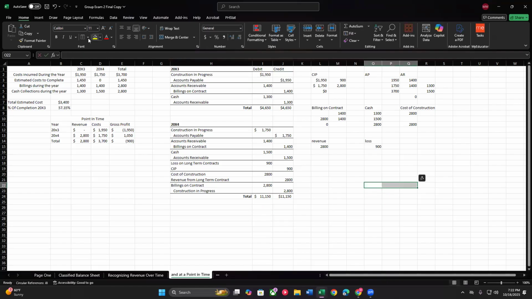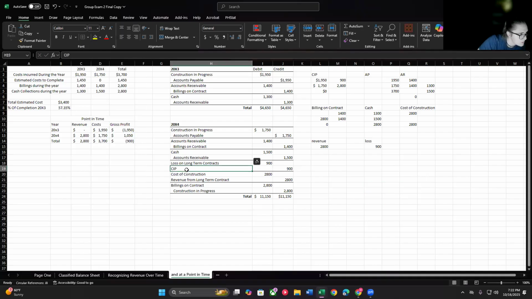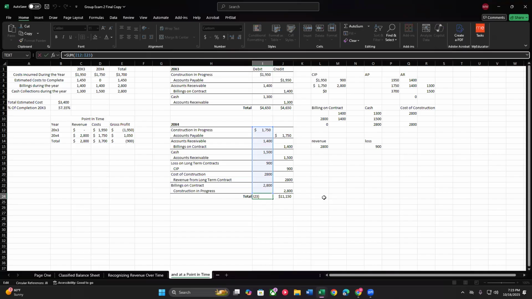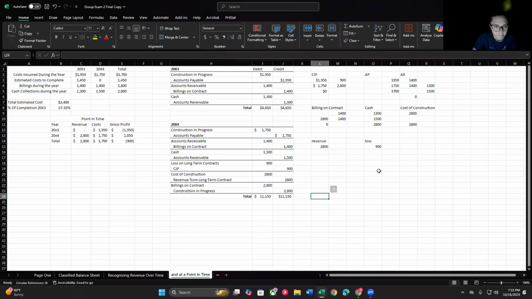Indent the new debits or credits that you added. Oh, how do I do that? Make my spreadsheet look pretty again. Next to where, under alignment, there's like arrows kind of pointing. Yeah, right there. All right. And then you'll have to fix the total one more time. Unless, oh, never mind. It's good. All right. It's all good.